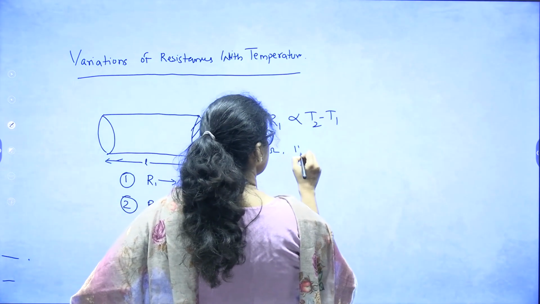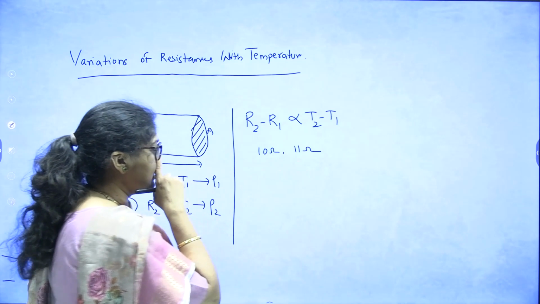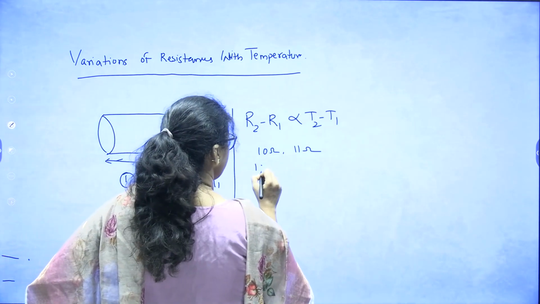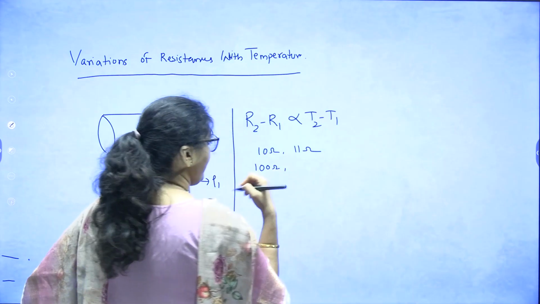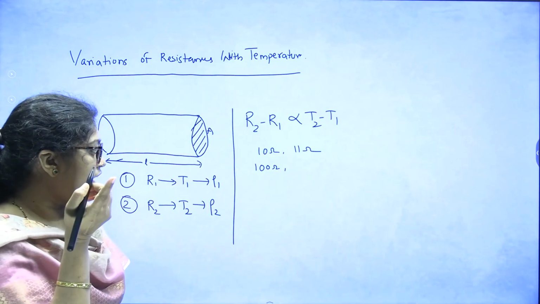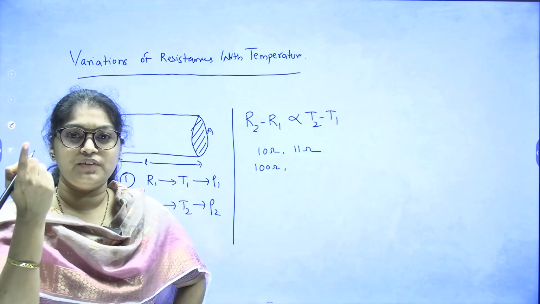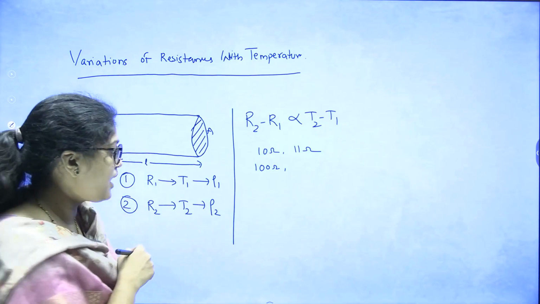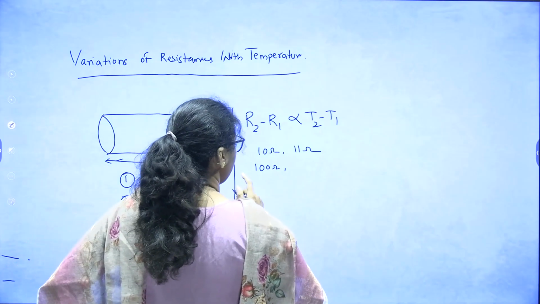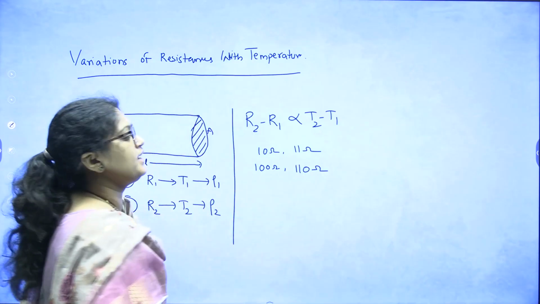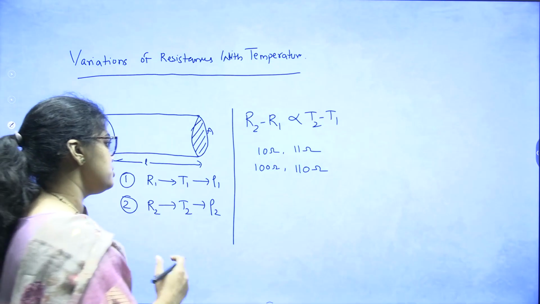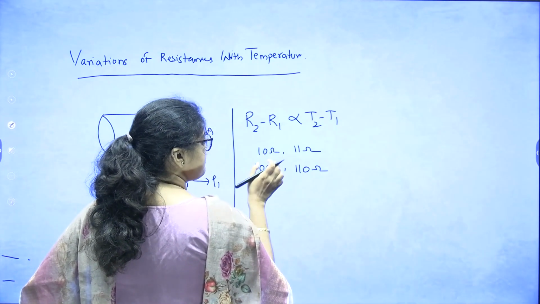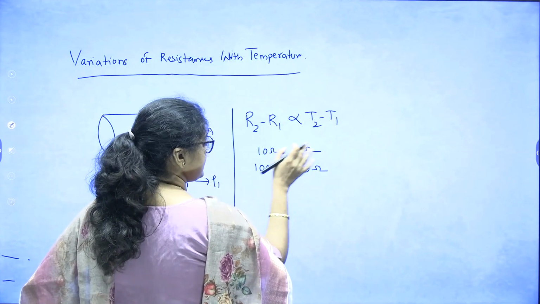If suppose I have taken a large resistance like 100 ohms and I have given 10% of the heat to the wire, then it will become 110 ohms. Clear? So it has been increased by some percent of resistance.